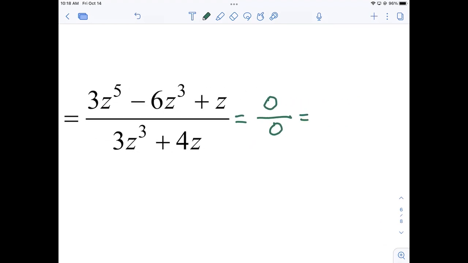What do you think? How many say neither? I heard neither. How many say odd? No one says odd. How many say even? Okay, it's about balance on the neither and even.